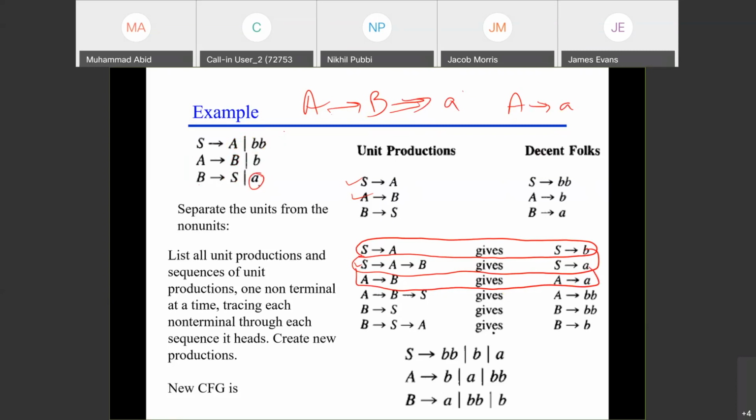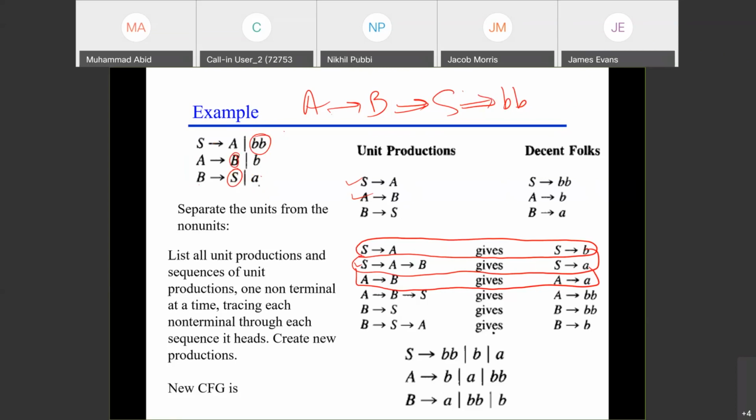Now we will see what happens if you do this indirectly. So A can be replaced by B, B can be replaced by S, and S can be replaced by BB, because if you write capital A, it does not make sense. So BB is a word, so we write that one.